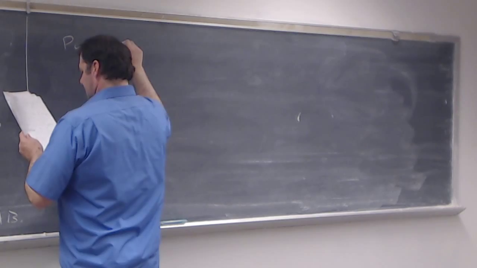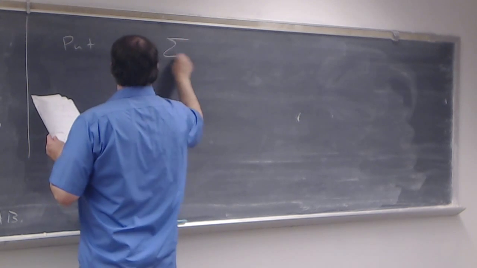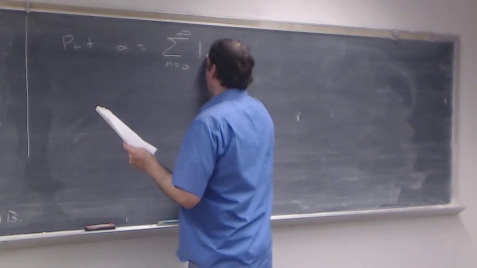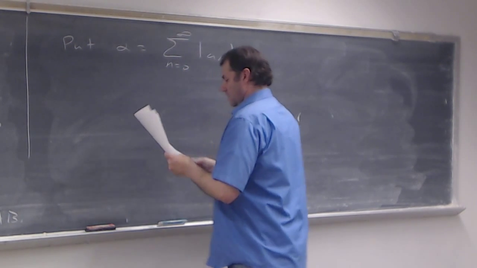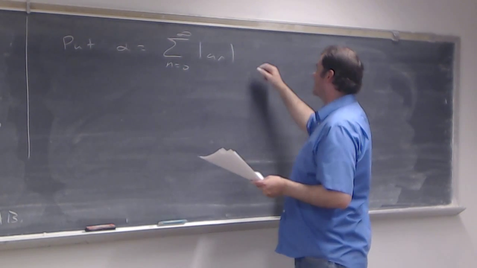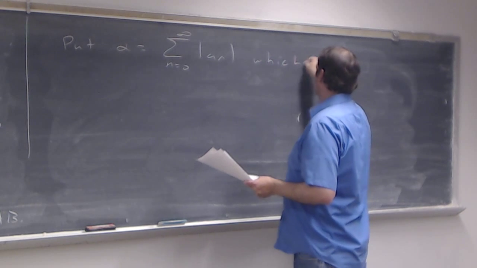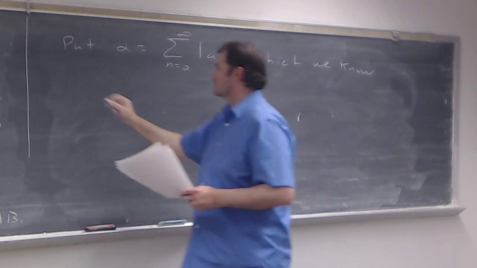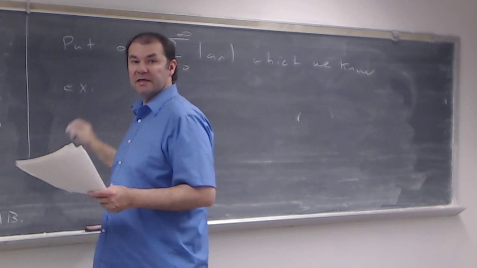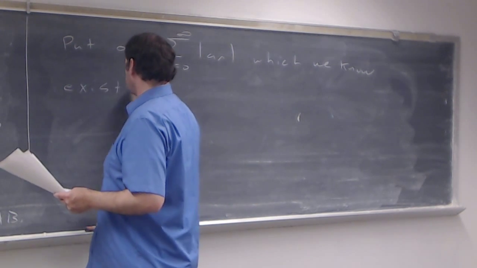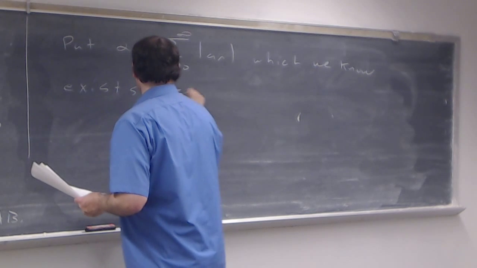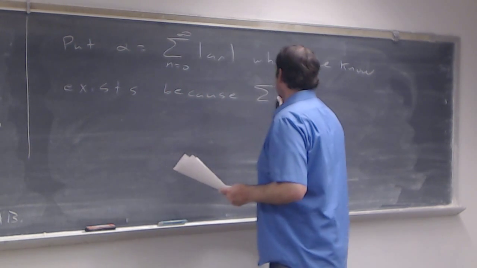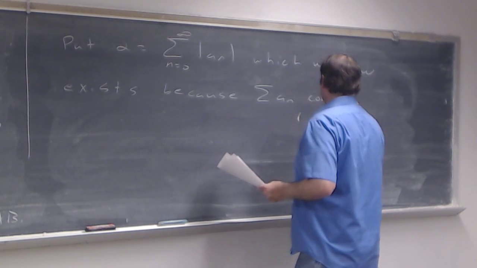So we're going to put alpha equal to the sum as n runs from 0 to infinity of the A sub n. We know that alpha exists, because in our assumption of this theorem, the A sub n's converge absolutely.